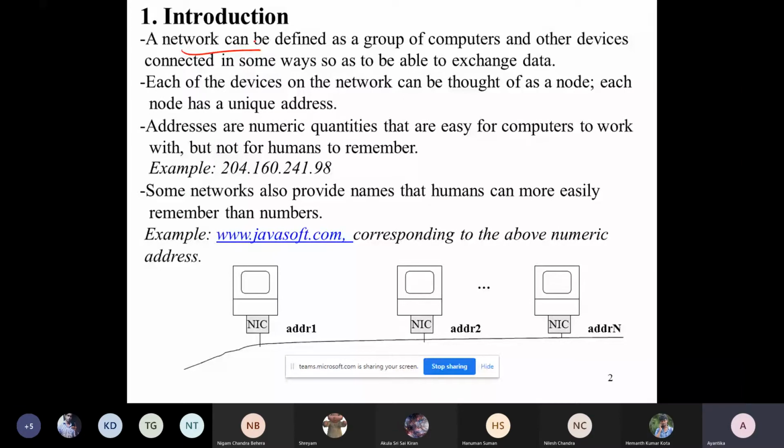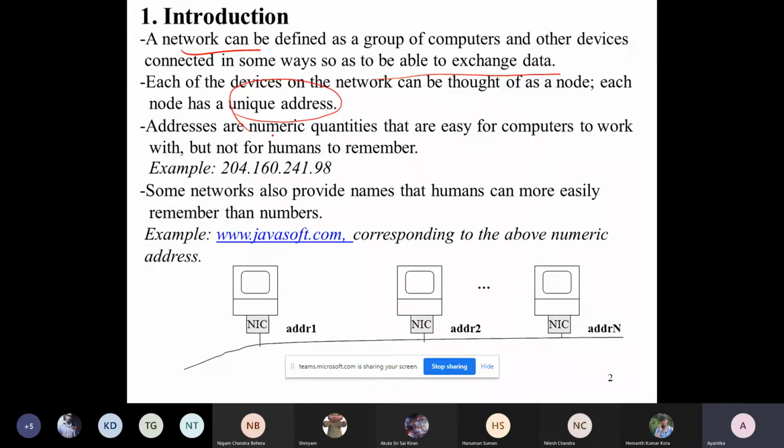Anyway, in a general network, some computers or devices are connected in some way to exchange data. So when I connect a component to a network, there should be some identity of that component by which other components present in the network can identify it. For that, the requirement is a unique address.